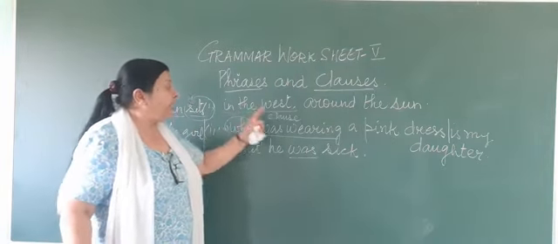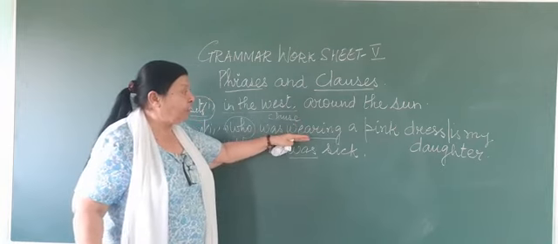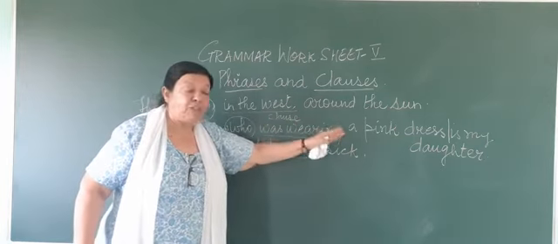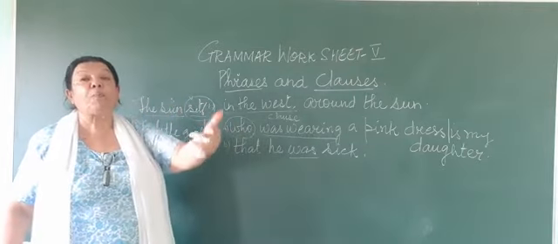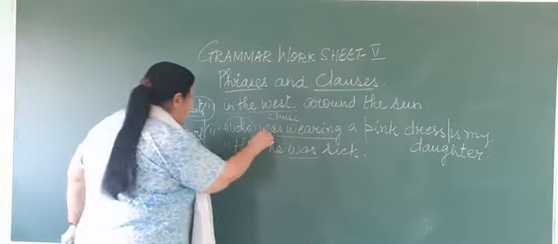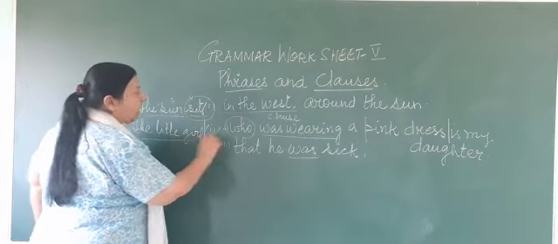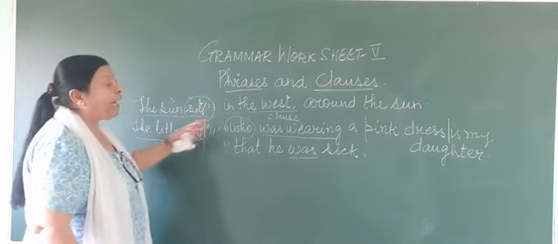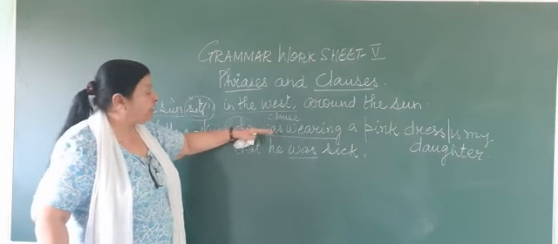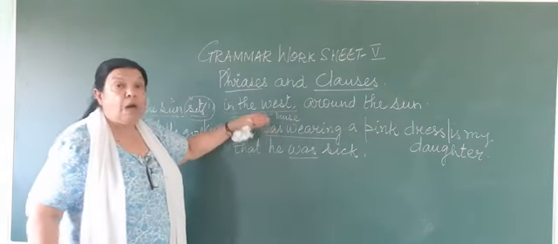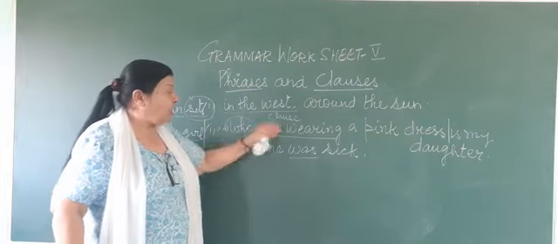So even though it has its verb and it is the predicate part of the sentence, it depends upon another group of words. Therefore, it depends upon the little girl is my daughter. So that would be my main clause. This one would be my subordinate clause or my depending clause.